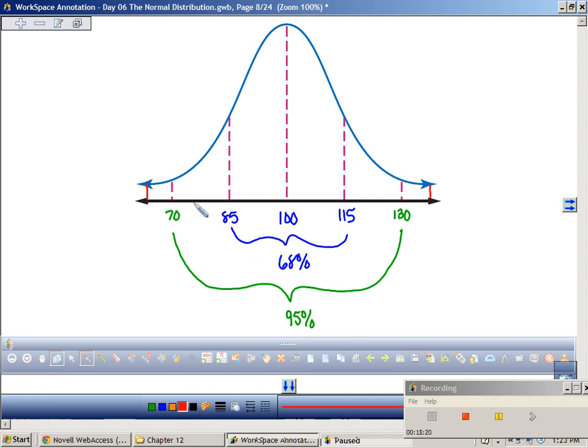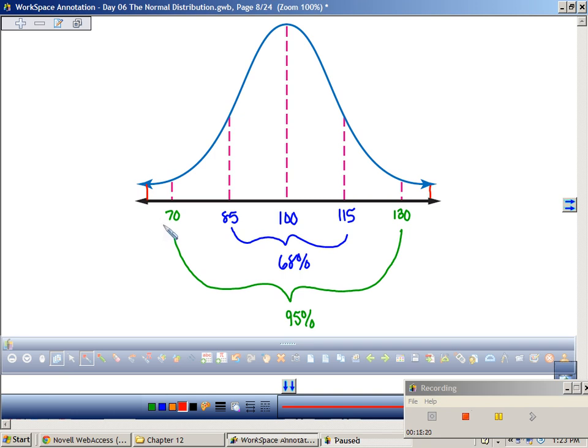So it is 70. That would make sense why it would be at the cutoff of 2 standard deviations, right? Because if 95% of people are in this range, if you're 69, you're probably having some issues, right?